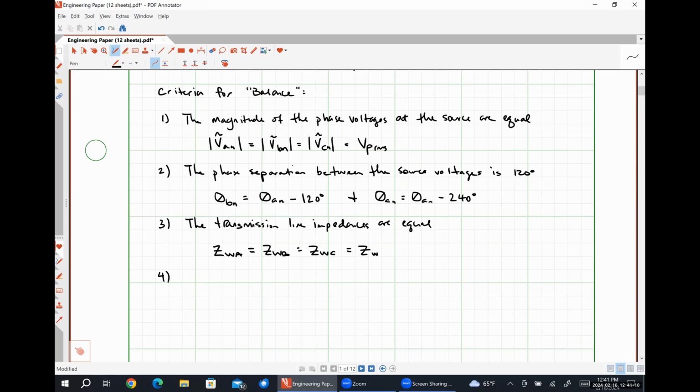The imbalance in a three-phase system is usually going to be here on the load side of the system, which we're about to talk about. So in order for the load to be balanced, the load impedances must also be equal.